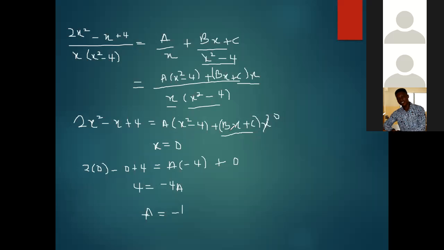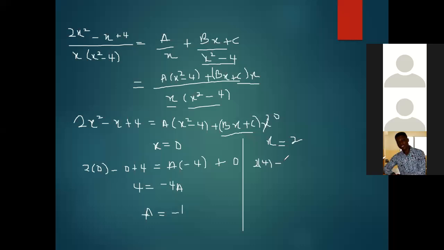Good. So making x equal to 2, the left hand will be 2 times 2 squared, which will be 4, then minus 2 plus 4.